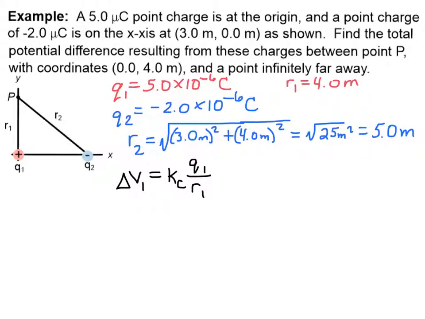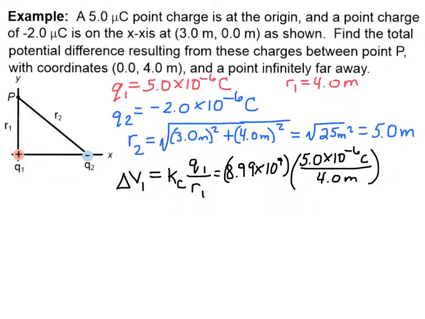I'm going to use my equation for the potential difference near a point charge, and I'm going to look at the potential difference for a point charge concerning charge 1. I'll call that potential difference 1, because I'm going to talk about just point charge Q1. I'm going to substitute my values in for R1, the charge on 1, and also the Coulomb constant.